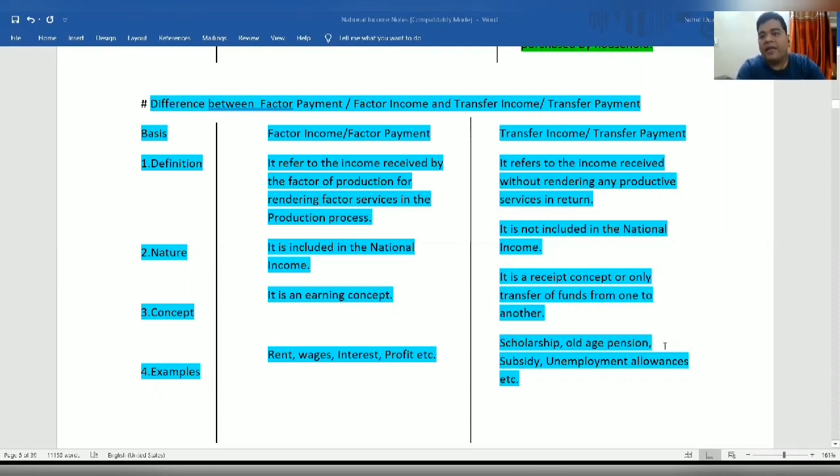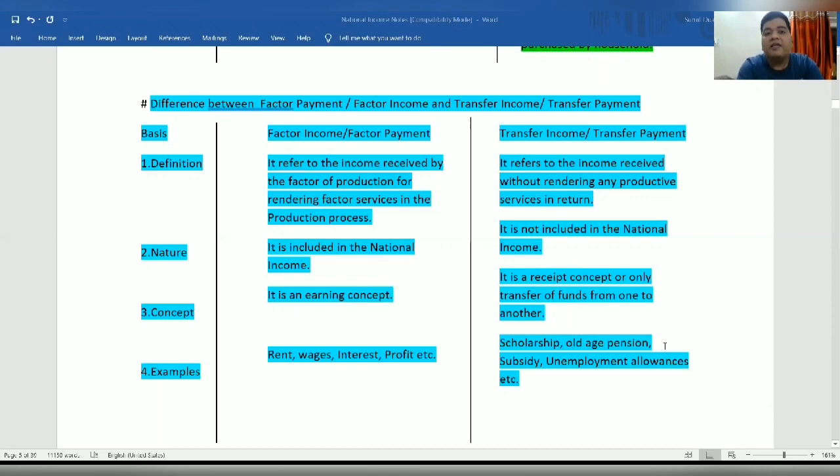It is clear by the name only. It is the income to the factor of production. It is an income given to the factor of production, or we can say it is a payment given to the factor of production. So we know factor of production includes land, labor, capital, and entrepreneur.